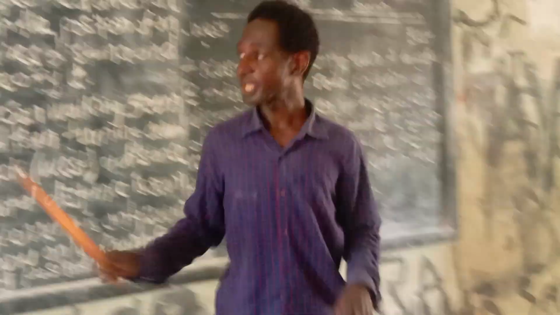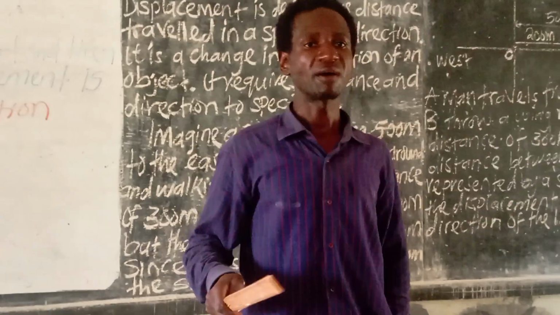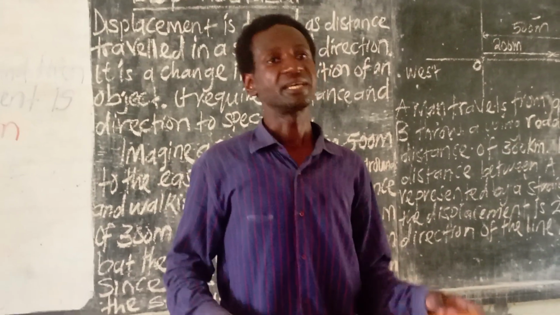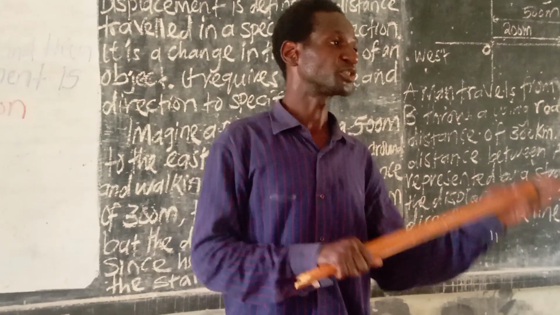And the third example, when the boy travels eastwards, covering a distance of 30 meters, then turns northwards and travels a distance of 40 meters.